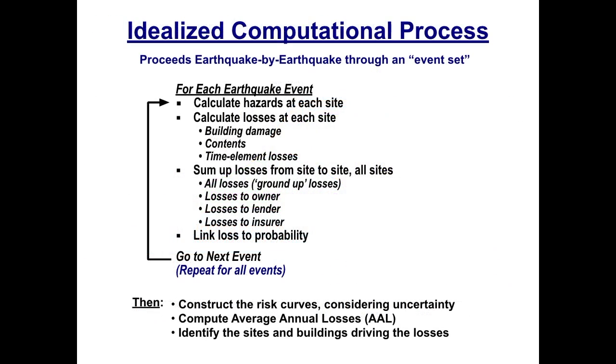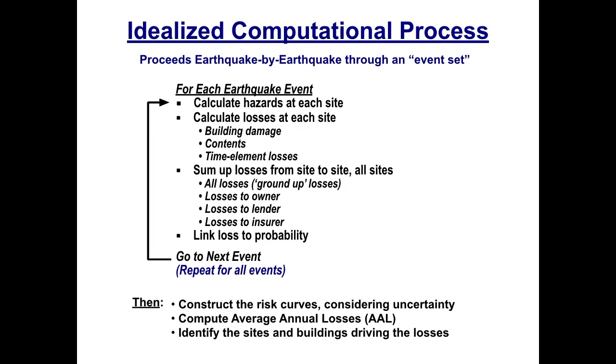Here's a backbone of the computational process, simplified for easy understanding. All of the computation proceeds earthquake by earthquake through a large inventory or catalog of earthquake simulations we call an event set.